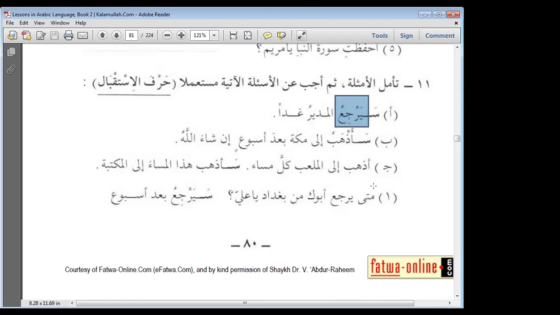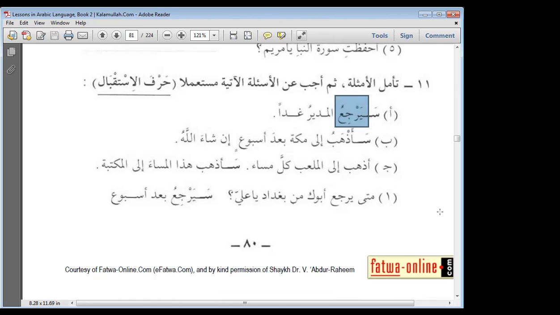So we want to refer to the future. We say sayarji'u. Notice the verb is not affected by the seen. No vowels change, nothing else changes. You have the same verb there. The only difference is what? We add that letter in front of it. Everybody notice that? Everybody okay with that? All right? All you do is add a letter.